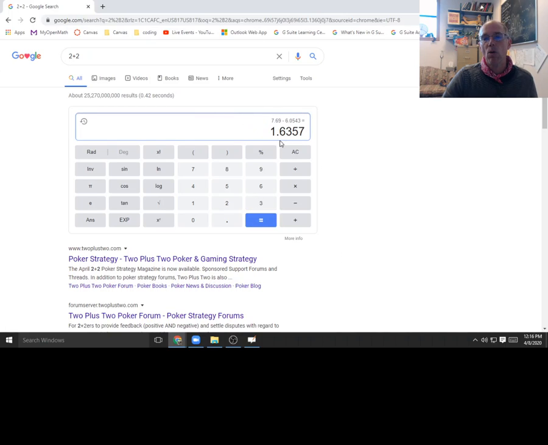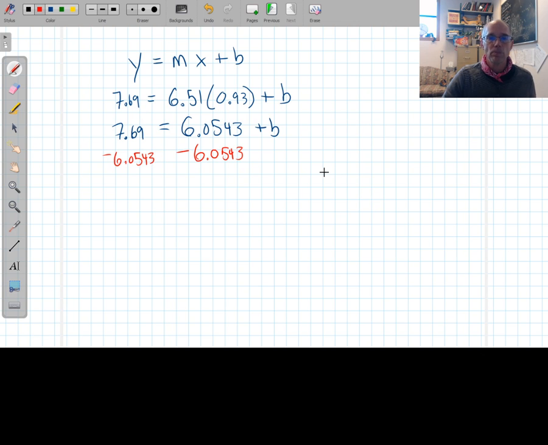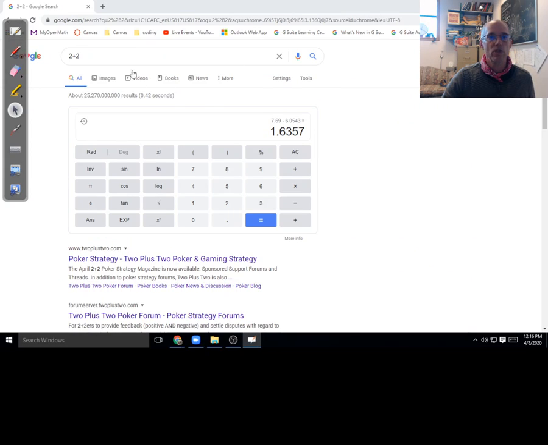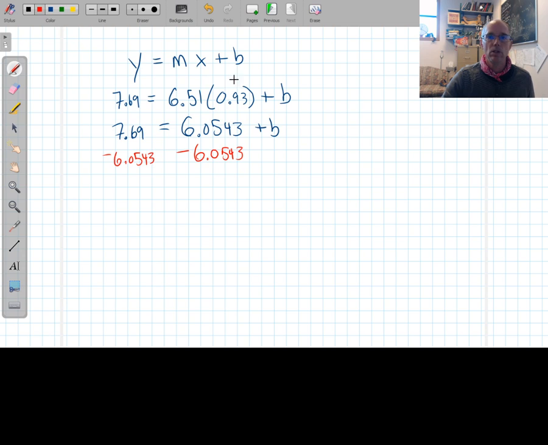And I get about 1.64 if I round it to 2 decimal places, which on my screen I think is more than good enough. Let's see, what did I say again? 1.64. So subtracting gives me about 1.64. On this, those are 0, so that's my b. So now I think I have an equation.